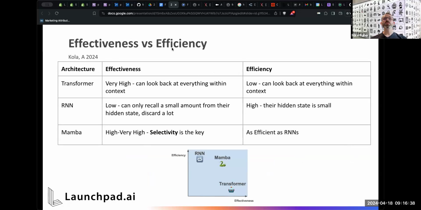Yeah, so here we see a nice comparison of effectiveness versus efficiency. You can think of this as two axes, efficiency versus effectiveness. The transformer network is highly effective because it can look back at everything within its context window.